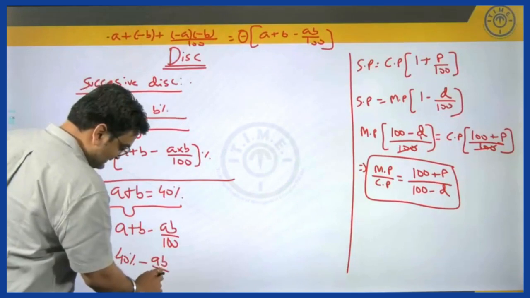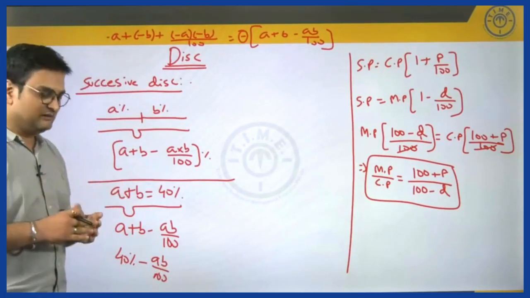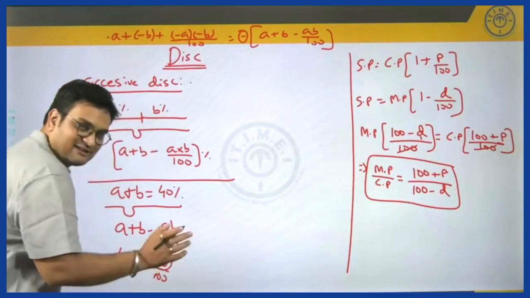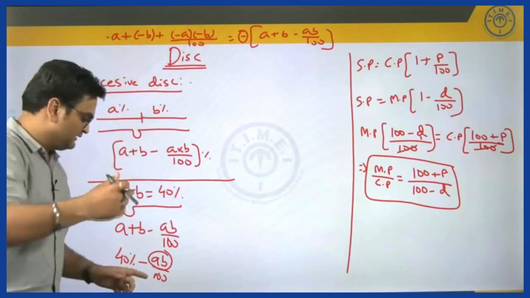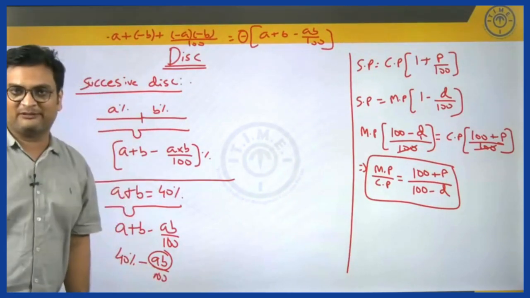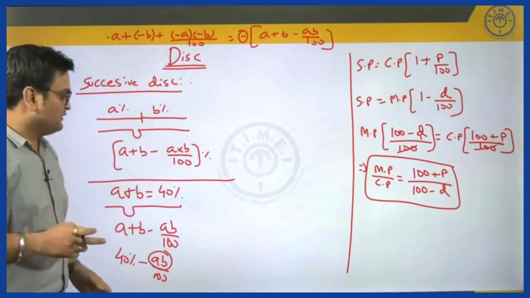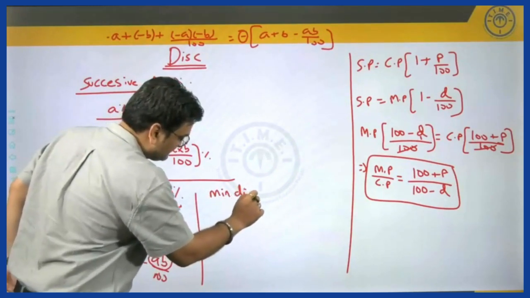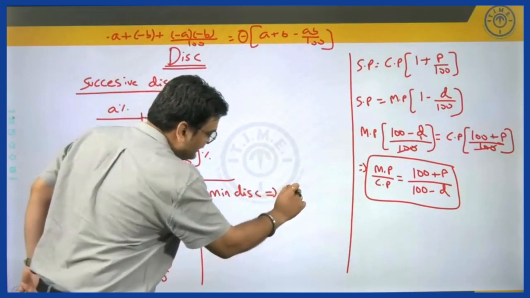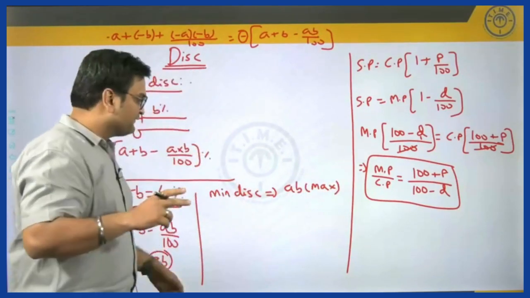Now please understand, if you want your discount to be minimum possible, then this A into B should be maximum possible. If you want your discount to be highest possible, then A into B should be minimum possible. So there are 2 cases that we are talking about, maximum discount, minimum discount. So the minimum discount happens when A into B is maximum. Now when is the product of 2 numbers maximum?